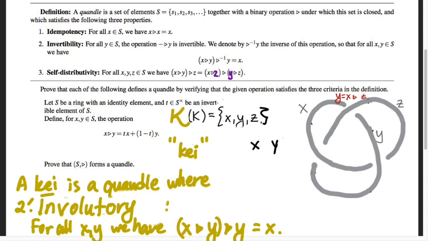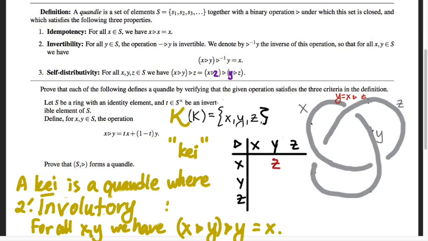And, moreover, we can understand the whole structure of the fundamental Kei of the trefoil just by creating this little operation table that can tell us what everything triangle everything else is going to be. Right? In particular, what is x triangle y going to be according to what we did? x triangle y is z, because x, y, and z meet at a crossing.